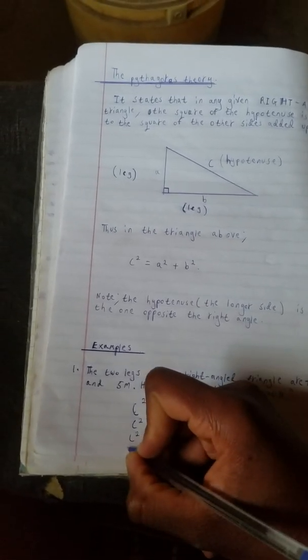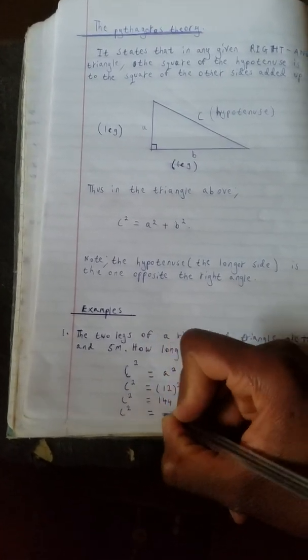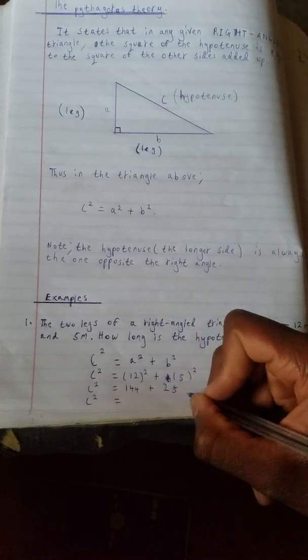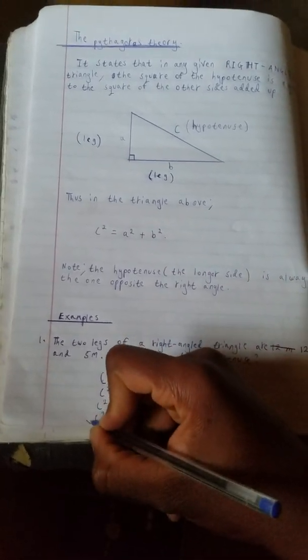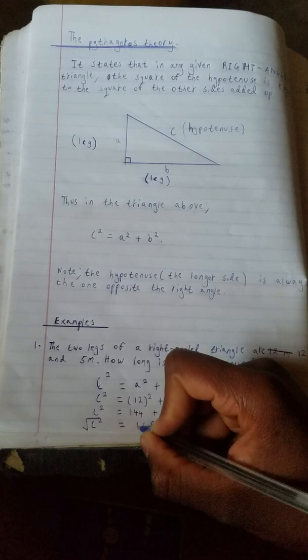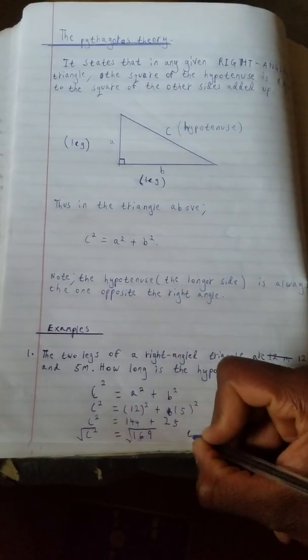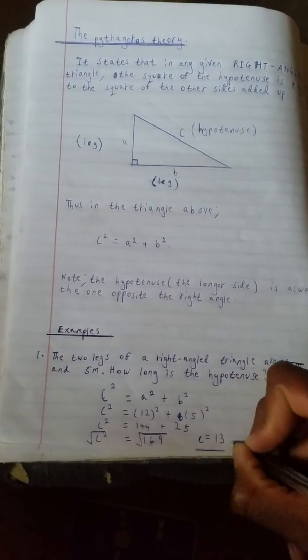When you add these two up, you get C squared is equal to 144 plus 25, which gives you 169. But we want C, not C squared. Get the square root of both sides, and your C equals 13 meters. Let's try out another example.